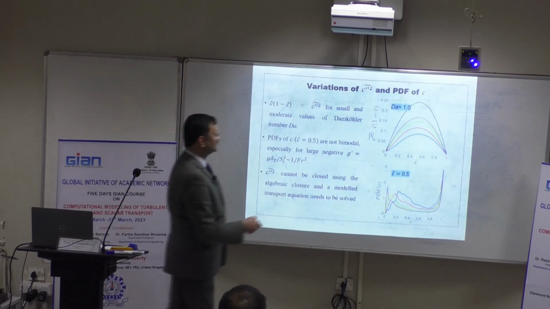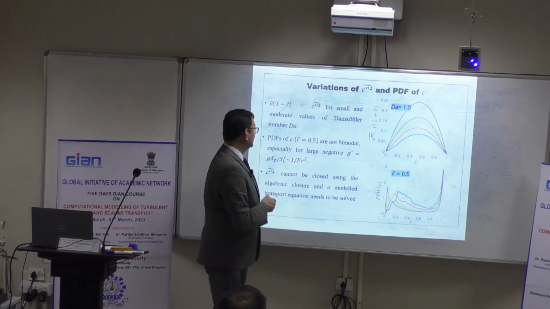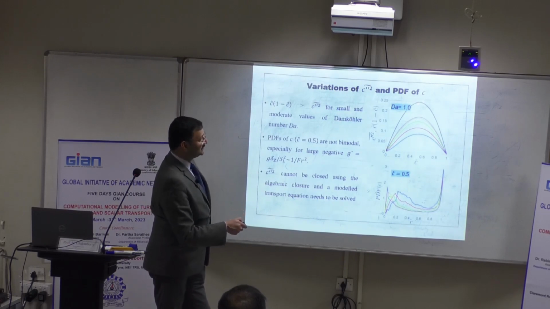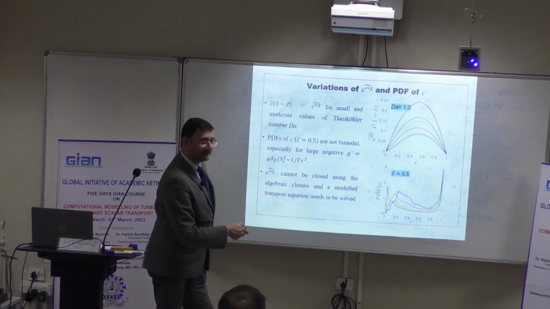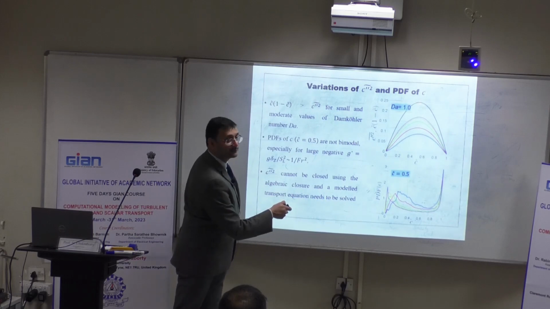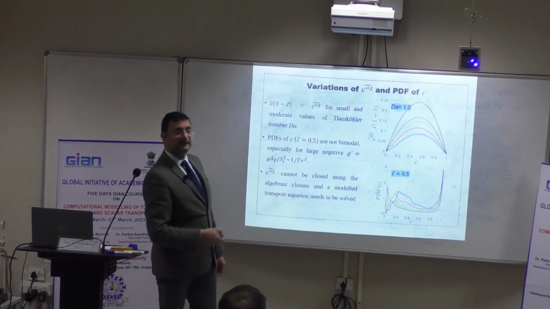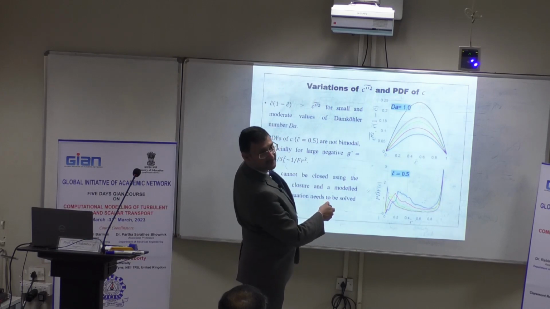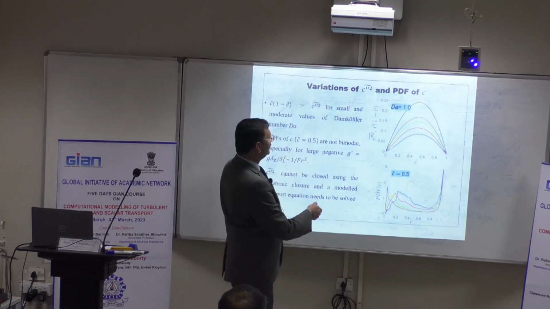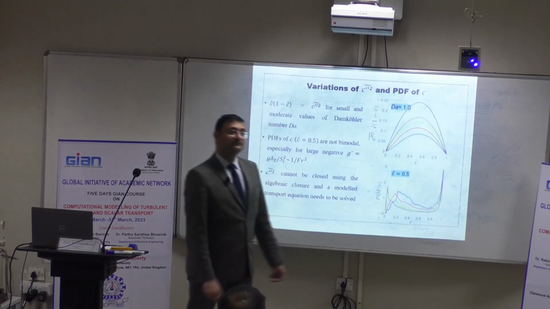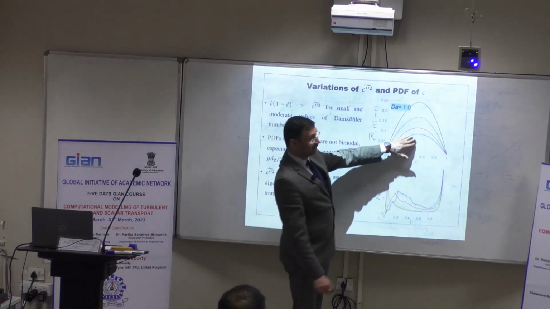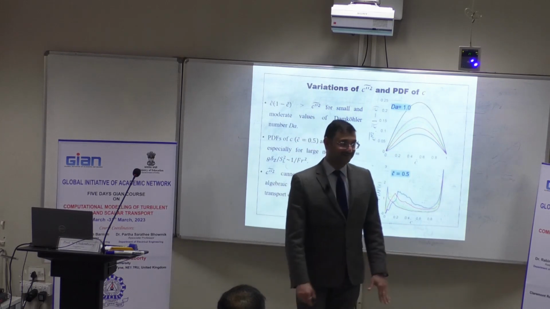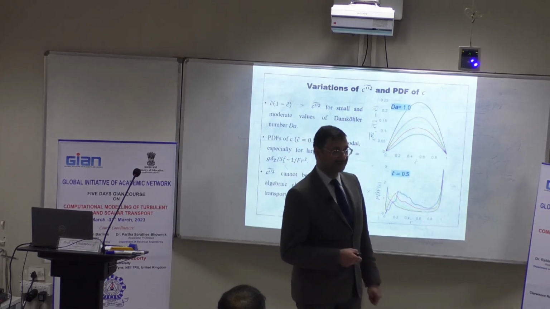That's not important for the time being. I'm showing that C tilde times 1 minus C tilde will have a parabolic profile with the maximum value at C tilde equal to 0.5. The maximum value for variance is going to be 0.5 times 1 minus 0.5, 0.25. But you can see from the DNS results, at Damköhler number 1, variances are smaller than C tilde times 1 minus C tilde.